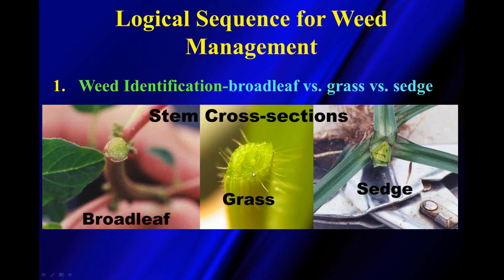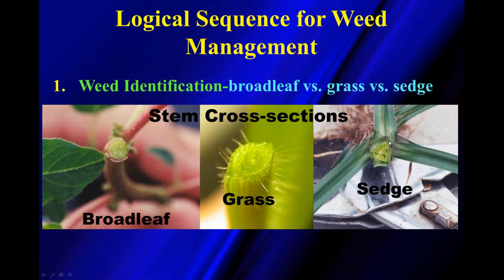In the case of the grass, this will either be hollow or have a rolled leaf appearance. Sedges are always going to have a triangular cross-cut look to them. So if you cut the base of the plant, you'll see the leaves either rolled or the stem, this triangular shape may be pithy inside or solid, but it's going to have a triangular shape.